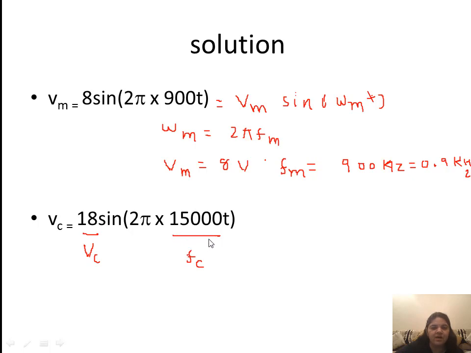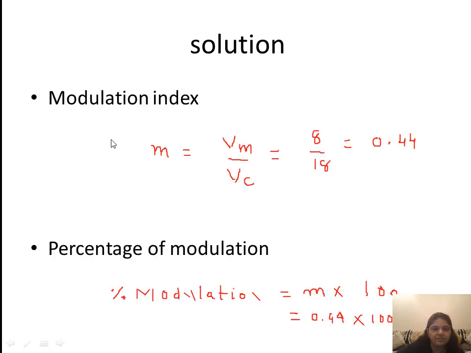Modulation index, how do I find it? Small m is equal to Vm upon Vc. Vm is 8 volt, Vc is 18. So it is 0.44. In some examples they ask you to comment on the value of small m. If m is equal to 1, it is proper modulation, 100% modulation.